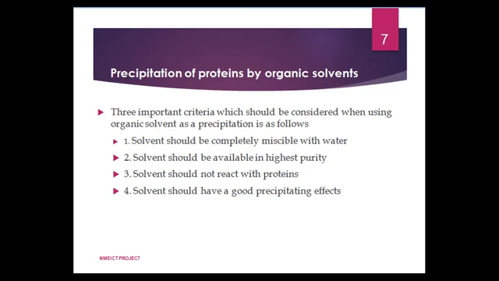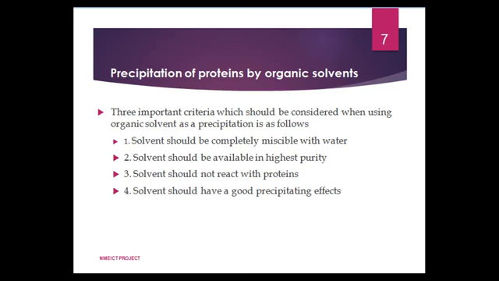Precipitation using organic solvent is done at 0 degrees centigrade or sub-zero temperatures in order to minimize the denaturation of proteins. In this method, solvent is cooled overnight and added slowly with constant stirring to an ice-cold solution of proteins in cold condition.